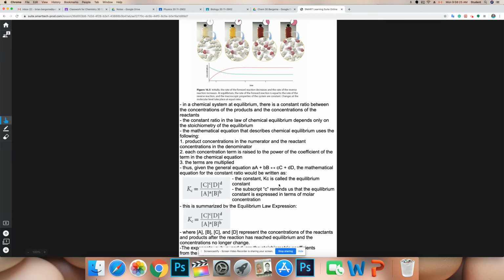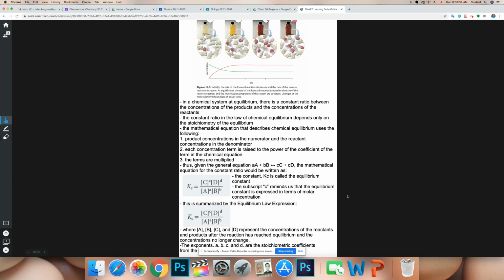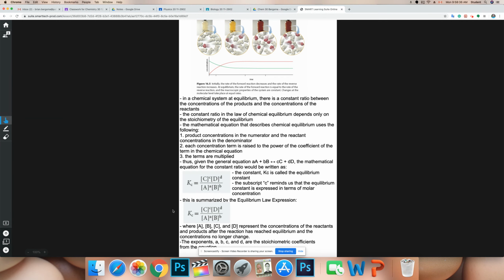The subscript c on Kc reminds us that the equilibrium constant is expressed in terms of molar concentration. This summarizes the equation of the equilibrium law, and it's good to know what that is.